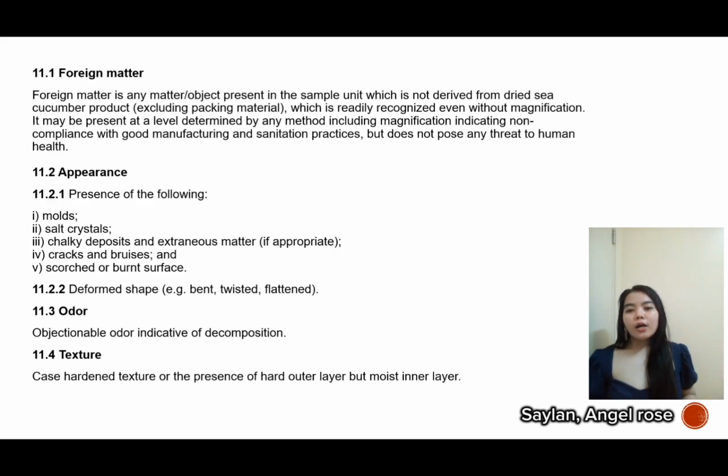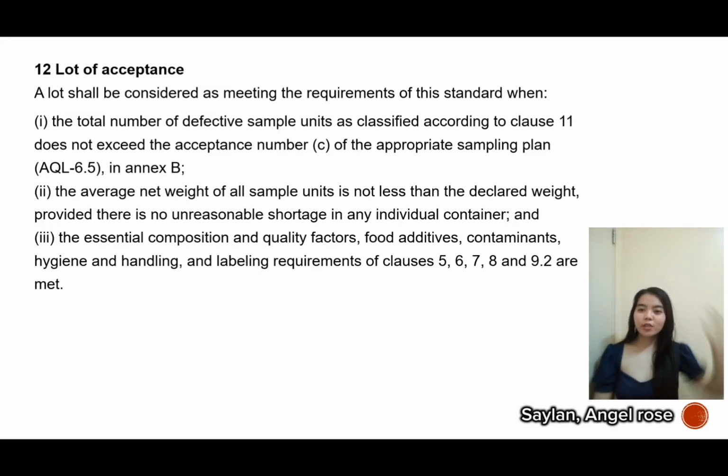The last one is sustainability and concerns. First is overfishing. Overfishing has led to the depletion of sea cucumber populations in many regions. Next one is regulations.